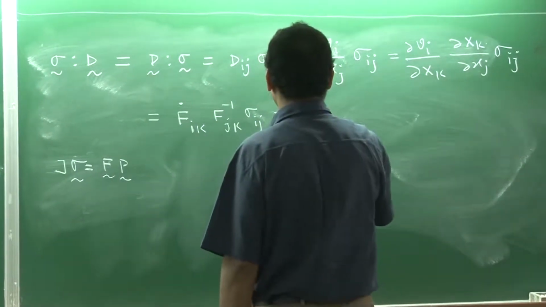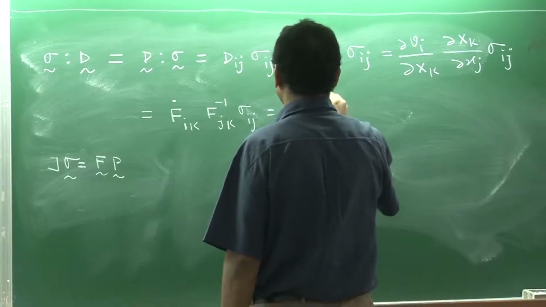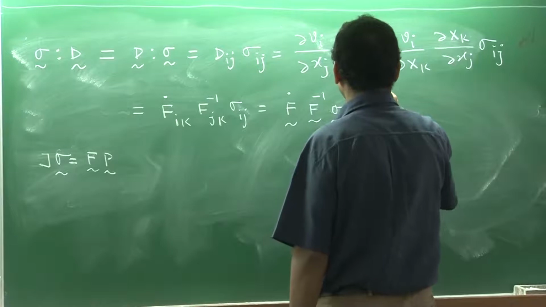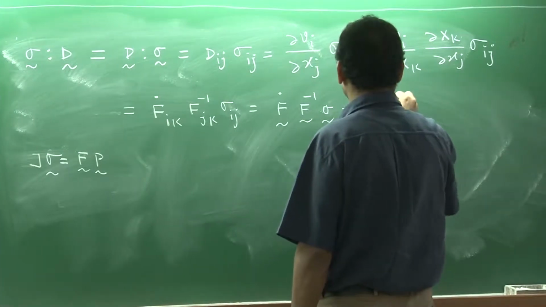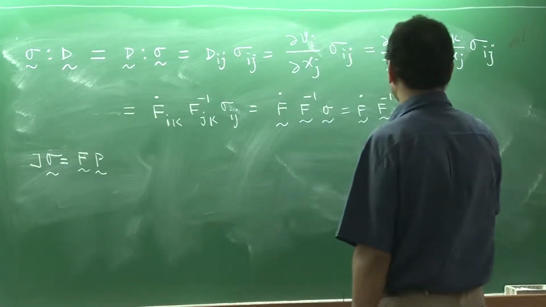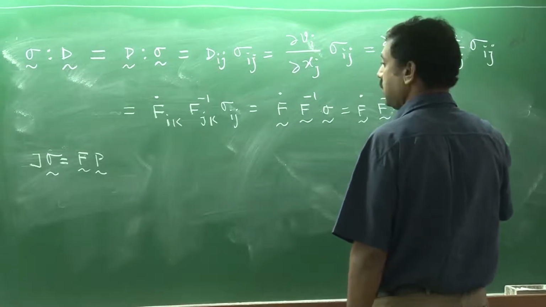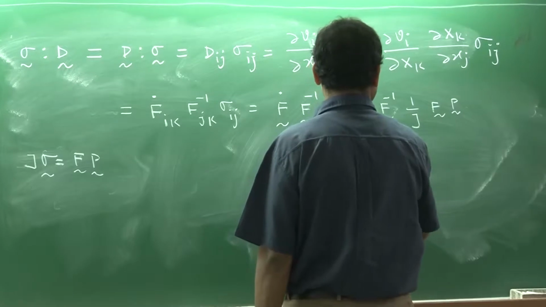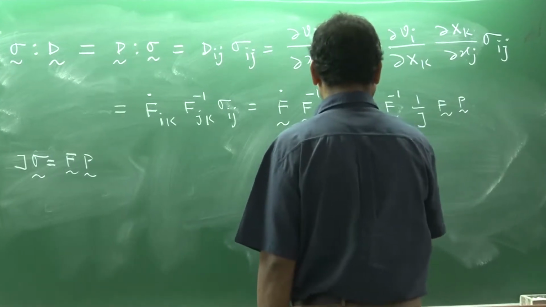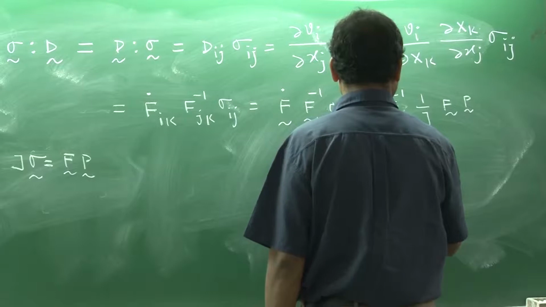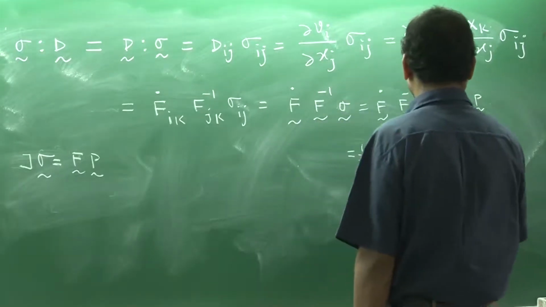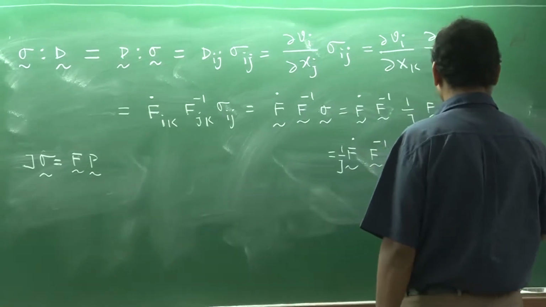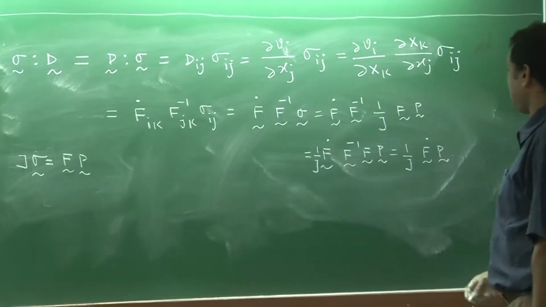I will write F dot, F inverse and sigma; then F dot F inverse sigma is nothing but 1 by J F P bar, okay. Now it will come. So, 1 by J I can take out because it is a scalar anyway, F bar P into P, okay, 1 by J F P, you see that.